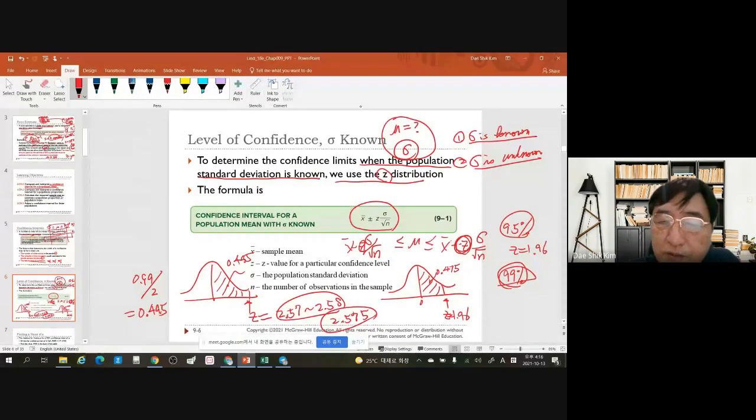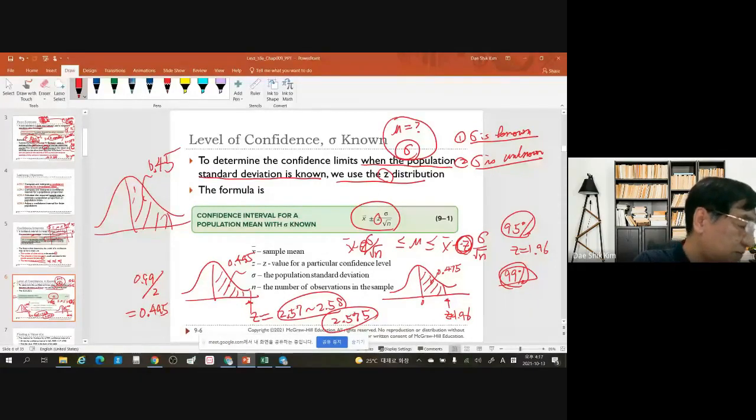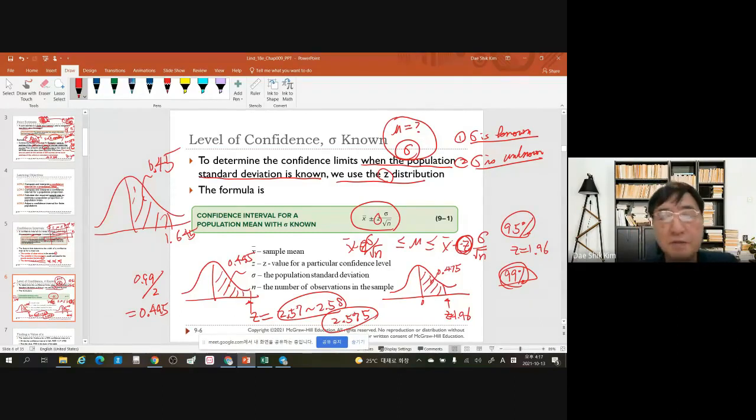The Z value depends on the confidence level. For 90%, half is 0.45, which gives a Z between 1.64 and 1.65, so in the middle, 1.645 will be used.